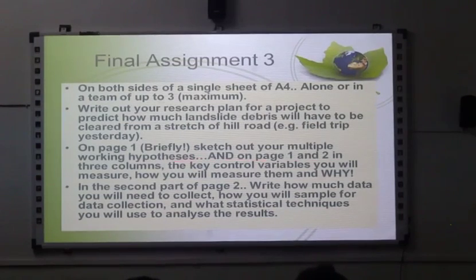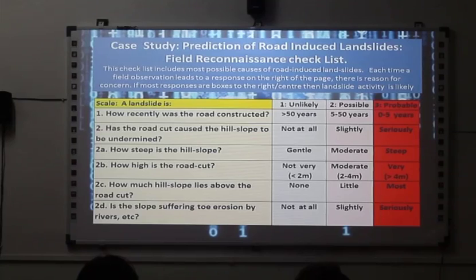and then on page 1 and 2, you've got problems. How steep is it? Well, the steeper it is, good qualifications we'll come to later, it's probably more going to be landslide. How high is the road cut? That's probably the same question as that.